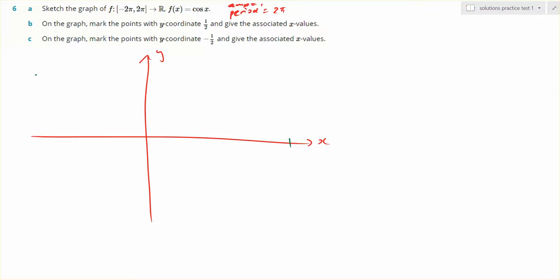First, let's draw the maximum and minimum values. The amplitude is 1, so the graph will bounce between positive 1 and negative 1. And I know the domain is between negative 2 pi and 2 pi, so I'm just going to divide this region into 4.